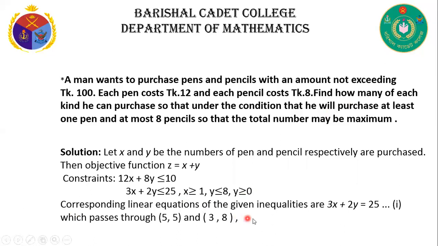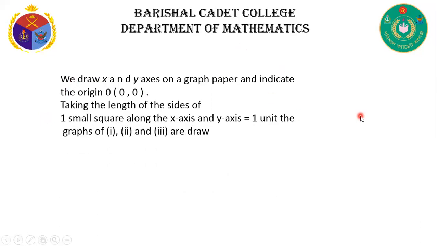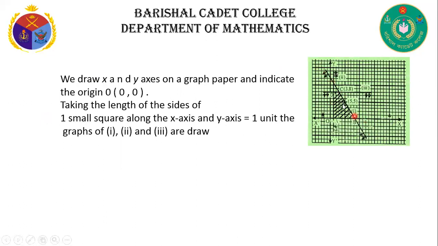Now the corresponding linear equations of the given inequalities. 3x plus 2y is equal to 25, which passes through the points (5, 5) and (3, 8), and x is equal to 1 and y is equal to 8, and y is equal to 0. Now putting these values on the graph paper, we can see this is our graph paper. Then we find the direction of these lines.